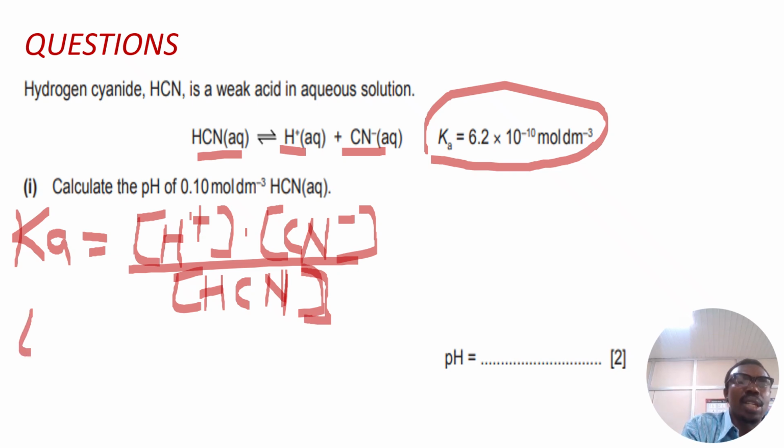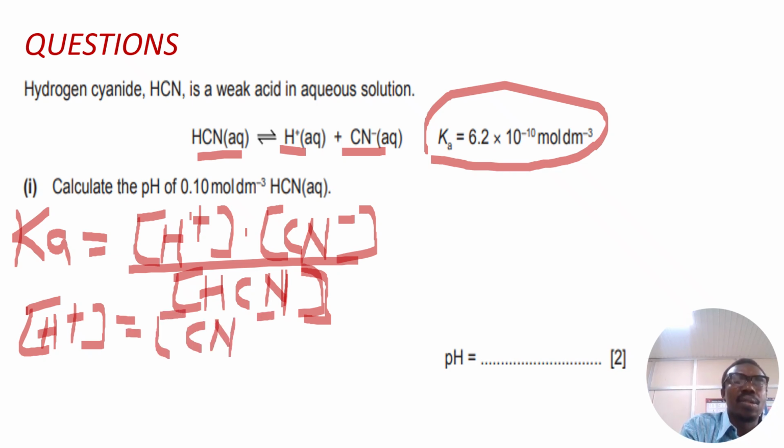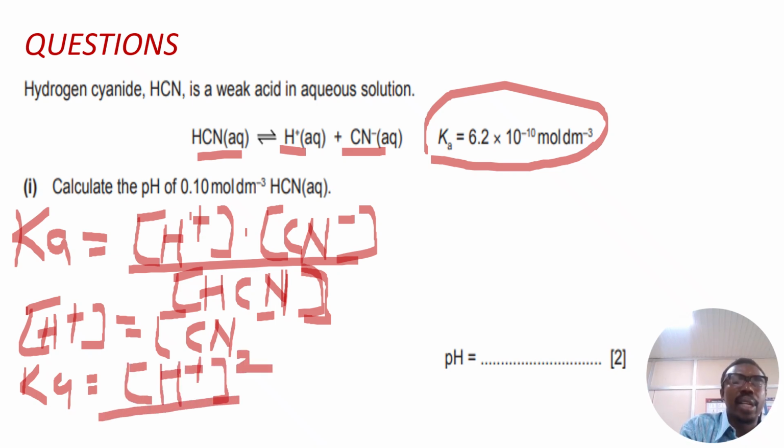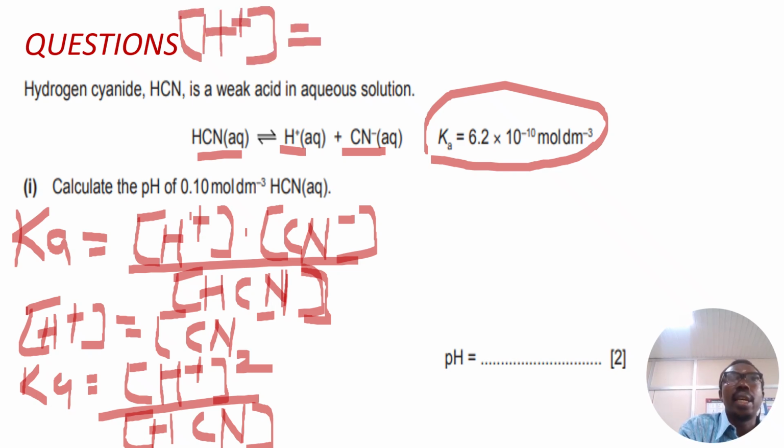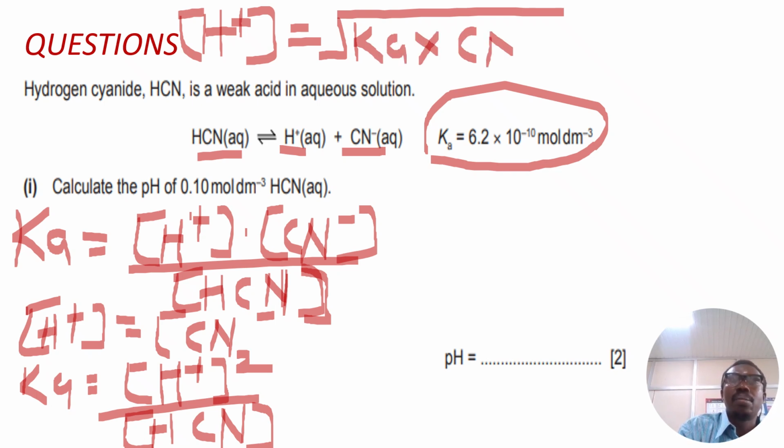Since we assume that the concentration of hydrogen ion is equal to the concentration of the cyanide ion, Ka will be equal to the concentration of hydrogen ion squared divided by the concentration of hydrogen cyanide. So the hydrogen ion concentration will be equal to the square root of Ka, the acid dissociation constant, multiplied by the concentration of the hydrogen cyanide, which is the acid.